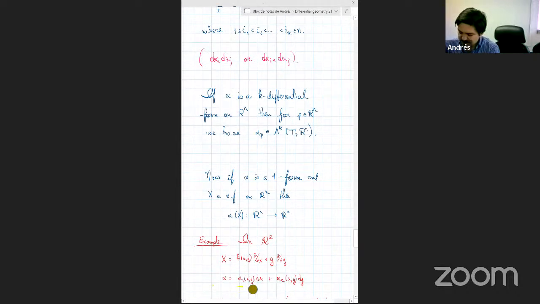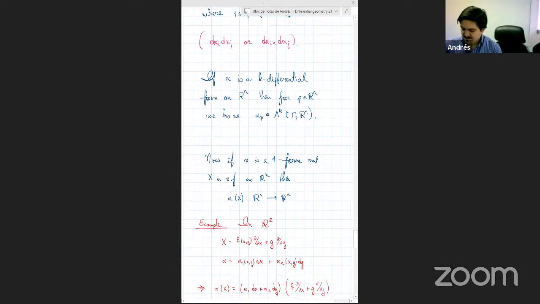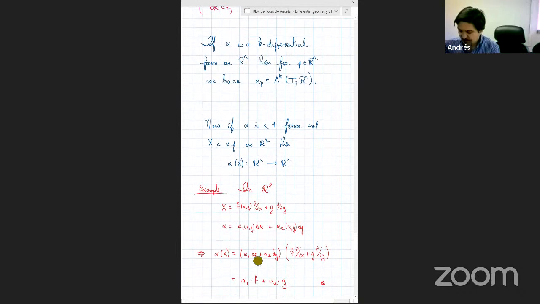Again, any one form takes this form, a function dx, a function dy. So when you evaluate, I'm telling you that you get a function. And what is this? So this with this gives you 1, however, this and this one will give you 0 because it is a dual basis. So there's no alpha 1g, there's only alpha 1f. And the same on the other thing, right? So this function is precisely this function. Like that.